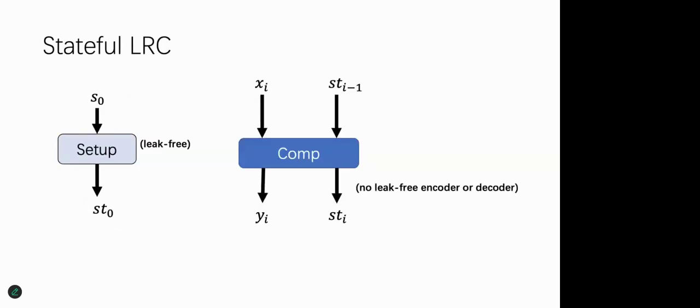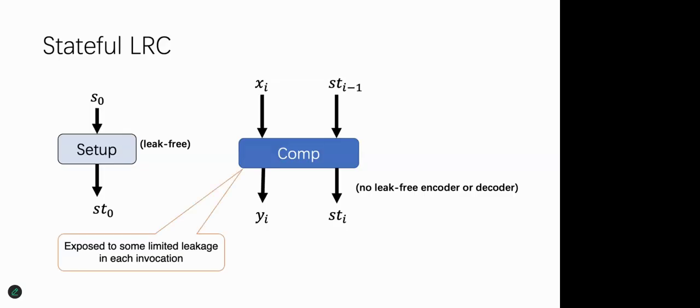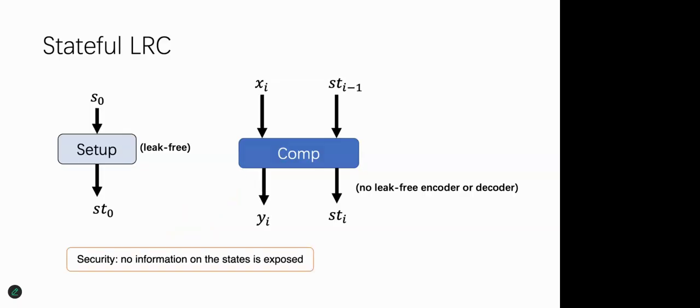Similar to the stateless LRC, a stateful LRC does not change the functionality of a stateful function. And we do not have a leak-free encoder or leak-free decoder here. Instead, we only have a leak-free setup, which only encodes the initial state. All the other wire assignments are exposed to some limited leakage in each invocation. Its security guarantees that no information on the states is exposed.